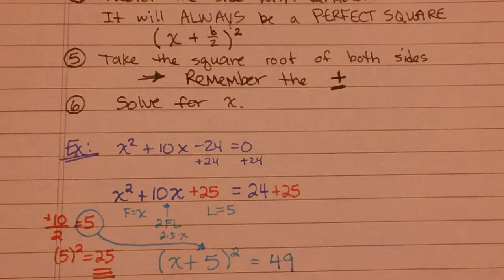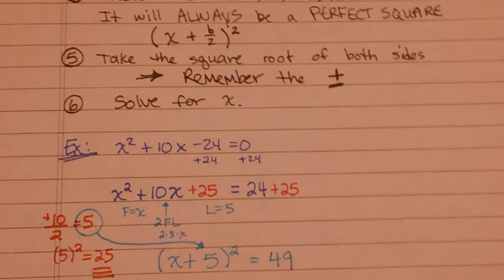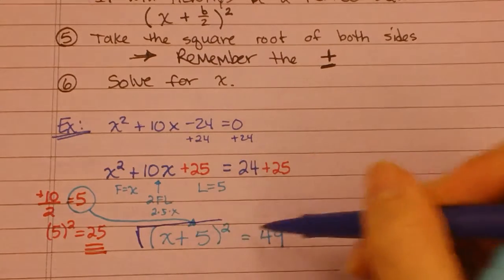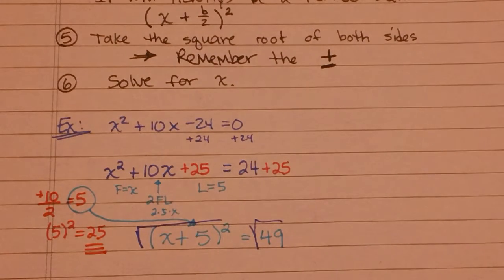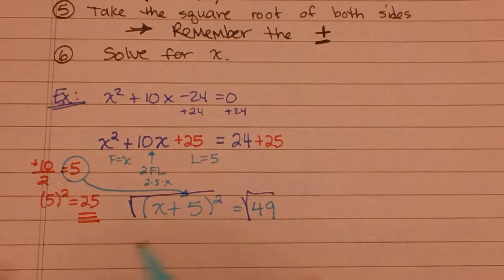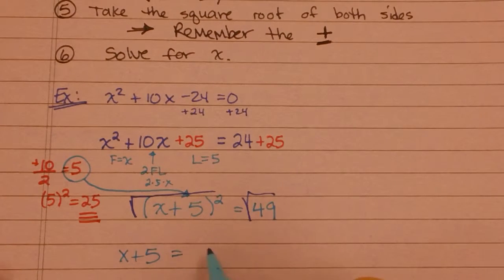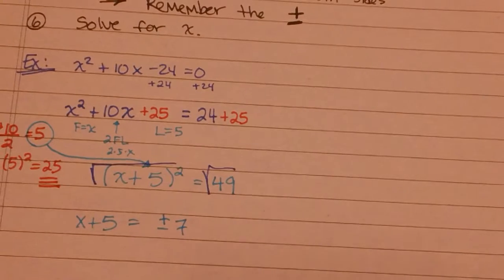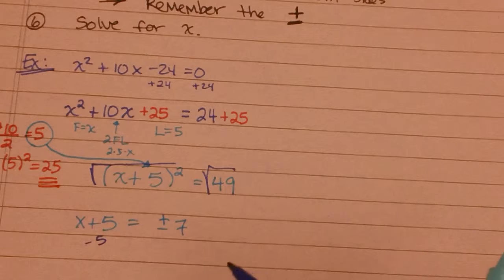We get 49. And now it looks just like the problems we were doing when we were solving by the square root method. So we will take the square root of both sides. Square root of x plus 5 squared is just x plus 5. Square root of 49 is plus or minus 7. And then we've got to solve for x. So we'll subtract 5 from both sides.